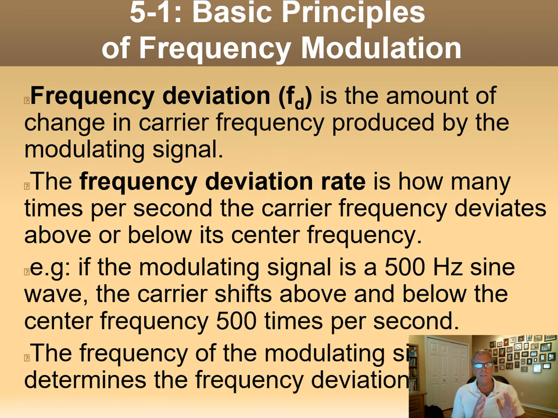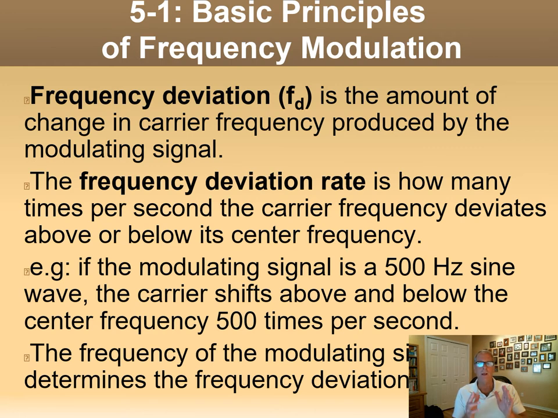So there's this frequency deviation. That's the amount of change in the carrier frequency produced by the modulating signal. Now, the higher the amplitude of that modulating signal, the greater that deviation is going to be. Okay. Now, how fast does it deviate? Well, it all depends on the frequency of the modulating signal.